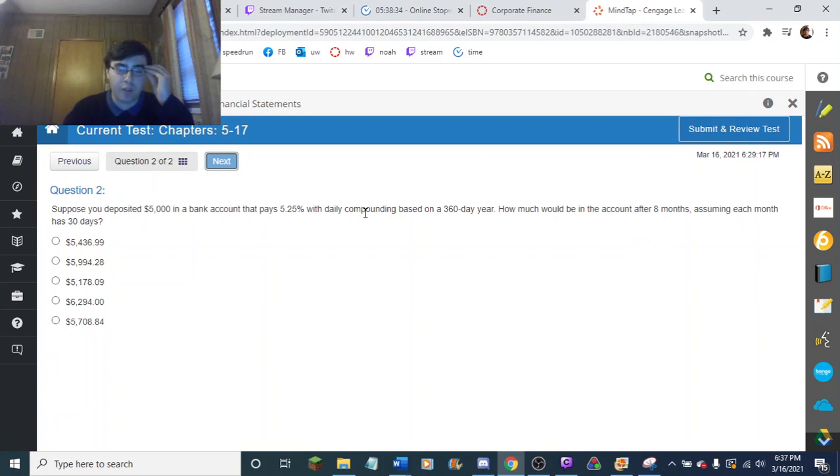And then the number of payments will be 8 months. So 30 times 8. So the number N is equal to 240. And then PV equals negative 5,000. So that's what you enter in the calculator.